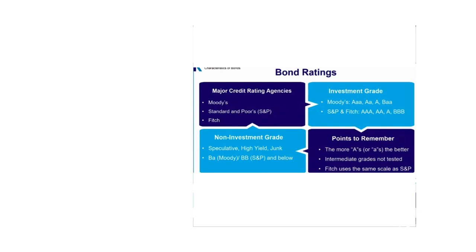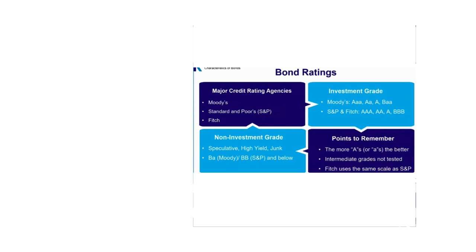AAA is the best rating an issuer can get from any of the agencies, and the rating scale goes down to AA, single A, triple B, and so on. The key things to remember for the test are that, first of all, the lower the rating, the higher the yield on the bond. In other words, your potential return goes up as the risk of default increases.